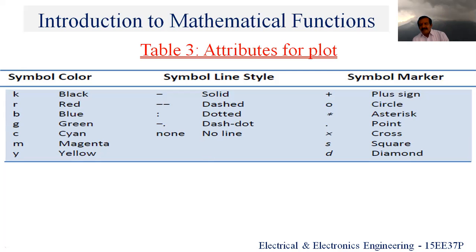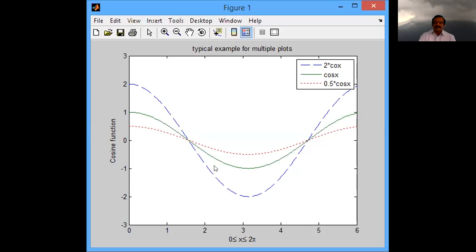Similarly, we can have a plus sign, circle, asterisk, point, cross, where we can see the points also. That means if you take the graph here, we can mention the points also in this part.